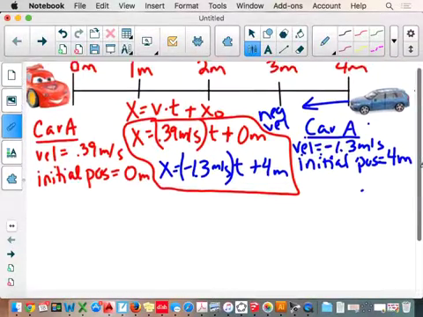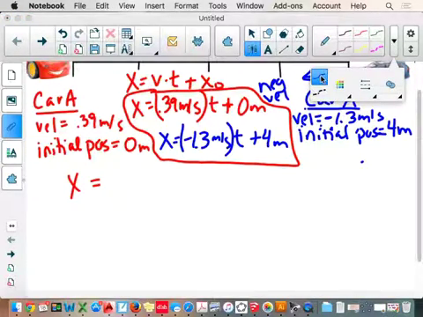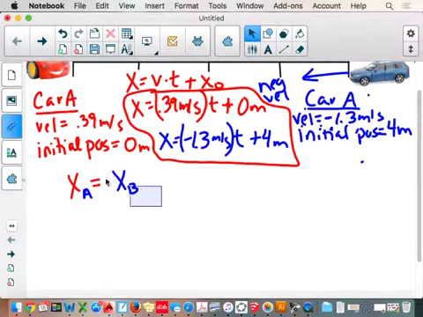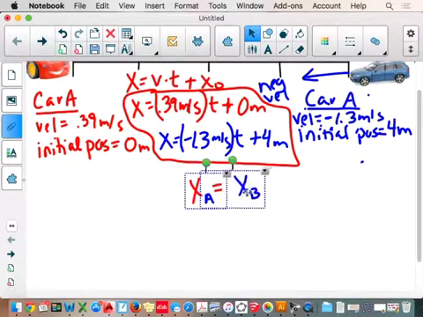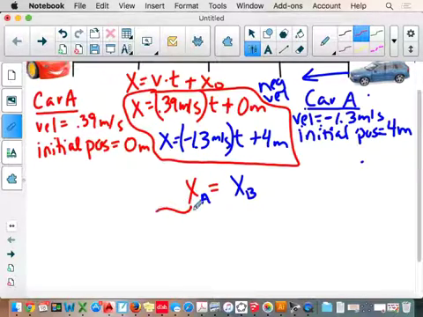Our job now is to basically determine when the position of the red car equals the position of the blue car. So I'll call this car A and car B. And really, this is as simple as just using substitution. So I'm going to center that. And then for car A, on the left side of the equation, think of it as a left and a right side, I'm going to replace the left side with my model that I wrote up above.